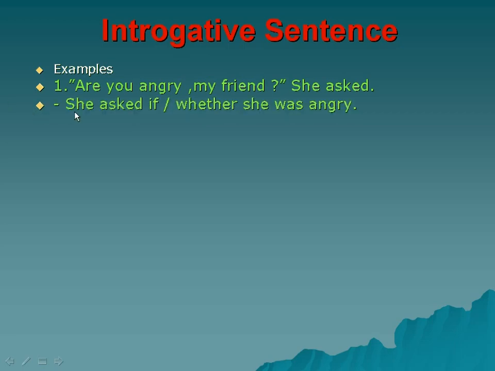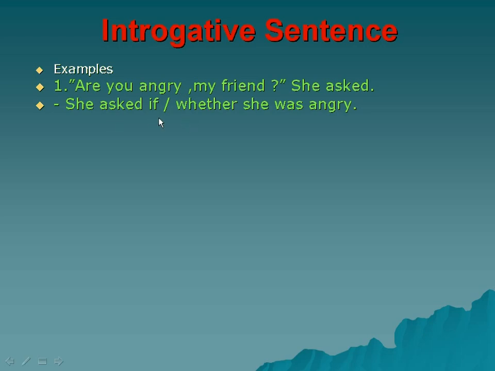And how can we change it into indirect narration? The answer is: She asked if or whether she was angry. We take the reporting verb asked because it is a yes/no type question.